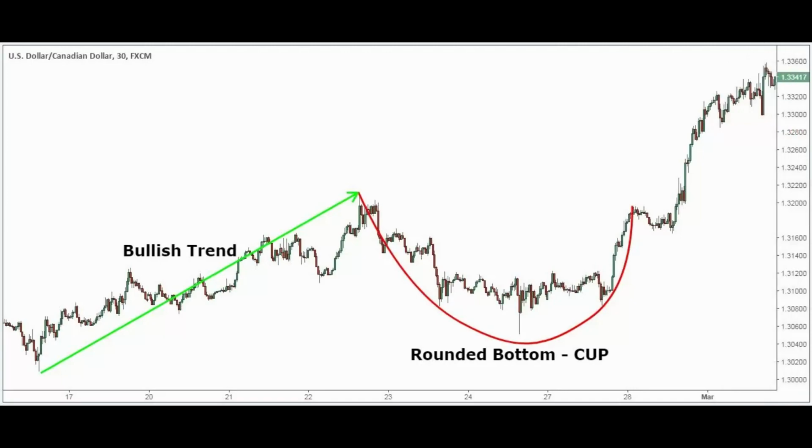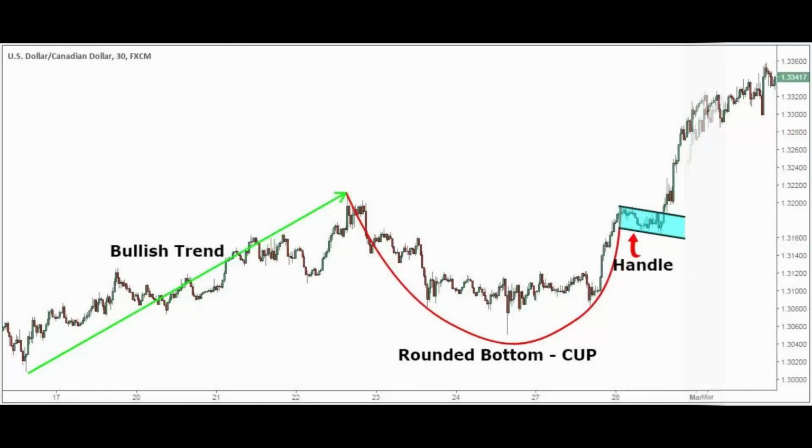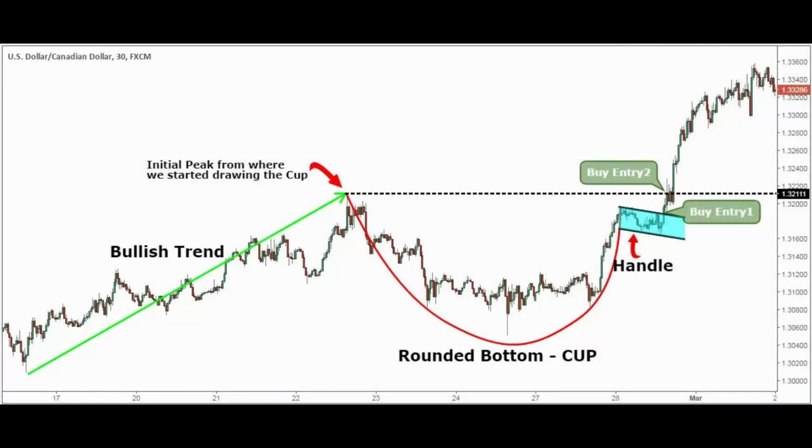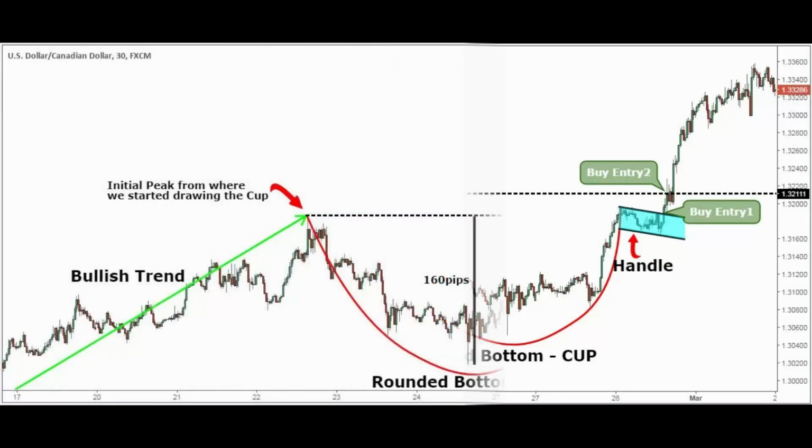The cup and handle trading strategy is providing you with an effective way to exploit this pattern. We always recommend you to backtest first the pattern and trade it a few times on a demo, until you're comfortable and have a good understanding of what is cup and handle pattern. We hope that the cup and handle pattern examples provided throughout this video will improve your ability to spot this powerful pattern when trading real funds.